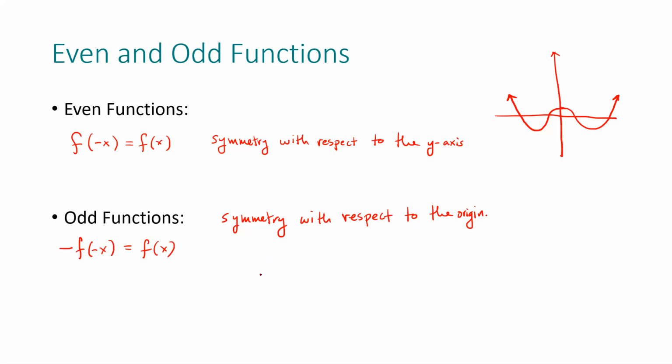Meaning if we rotate the curve 180 degrees about the origin, we get the same curve. So it's sort of like a rotational symmetry. So if I have a graph like this, maybe on one side it looks like this, and rotating that around would give me something like this on the other side.